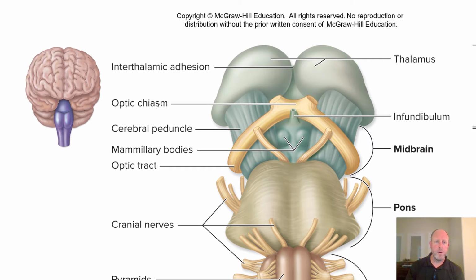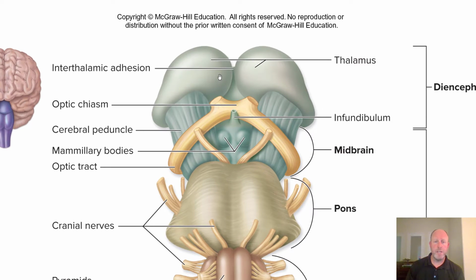We have our brainstem here. We have our interthalamic adhesion in between here, our thalamus, our optic chiasm, and our infundibulum here, our cerebral peduncle, part of our midbrain, all here, our mammillary bodies on either side here, and our optic tract.